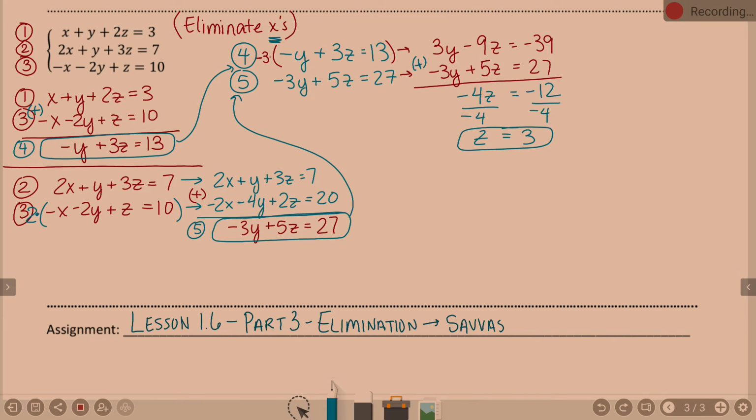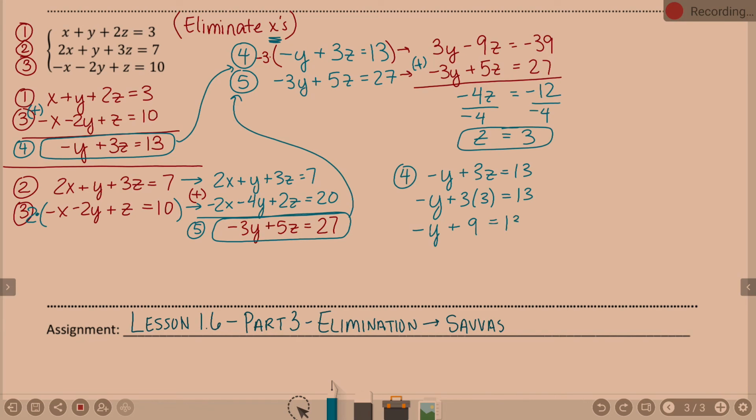Okay, what's my next plan? Plug in. Equation 4 or 5 are your options. I'm hearing 4, which is negative y plus 3z equals 13. So negative y plus 3 times 3 equals 13. 3 times 3 is 9.